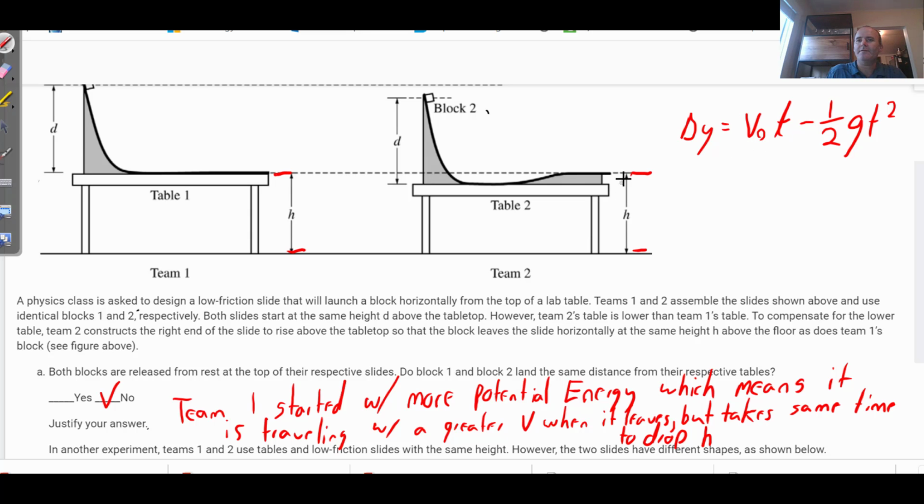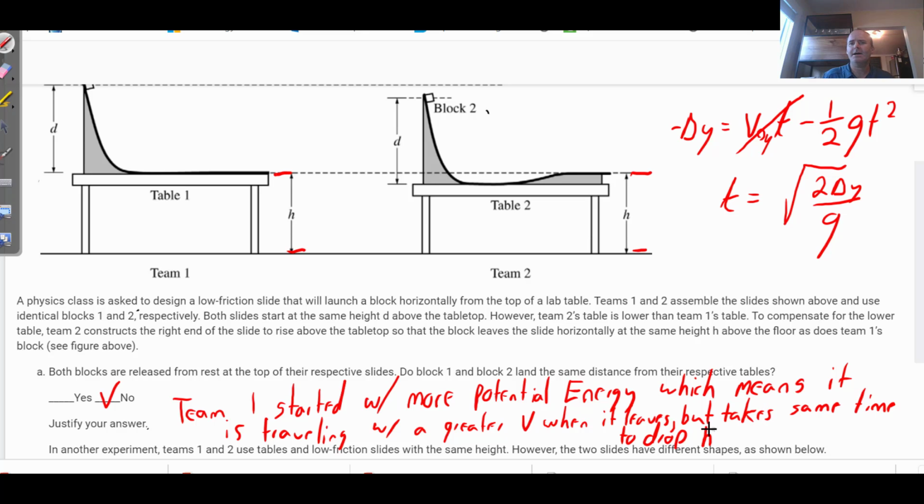So for dropping off of H, its velocity in the y direction starts off with 0, so I can cancel that out. And it's going down, so technically that's a negative delta y. So t is equal to the square root of 2 delta y over g. It's the same time for both of those.